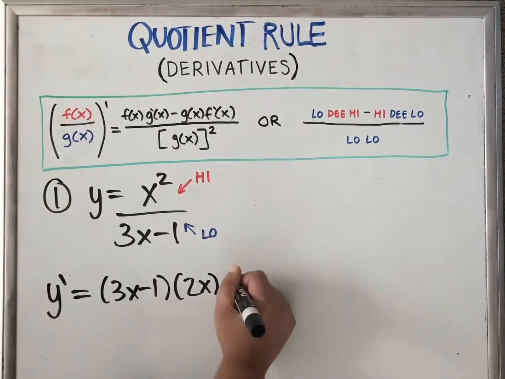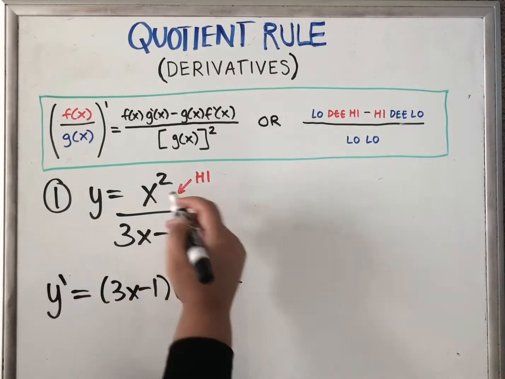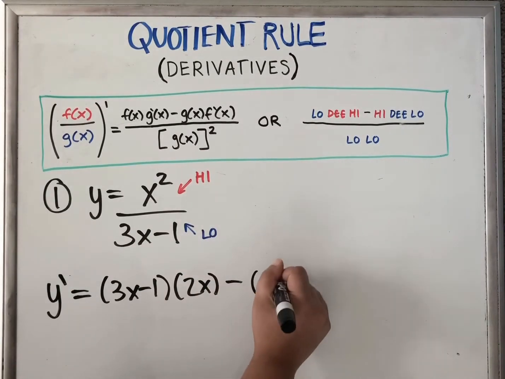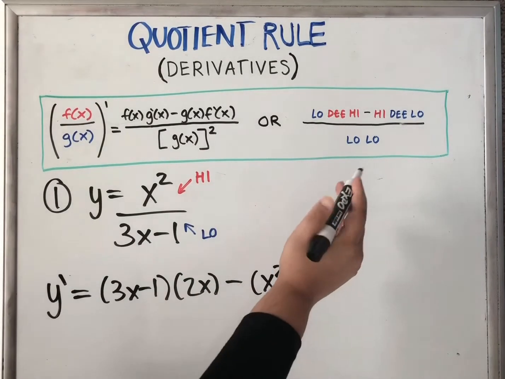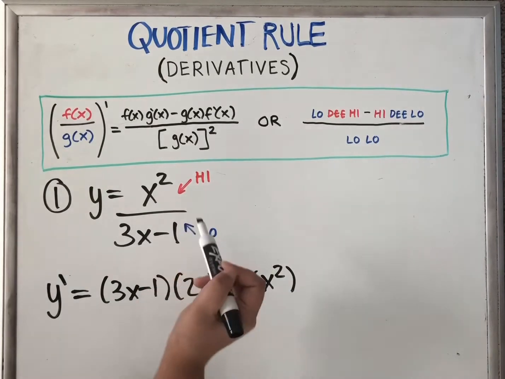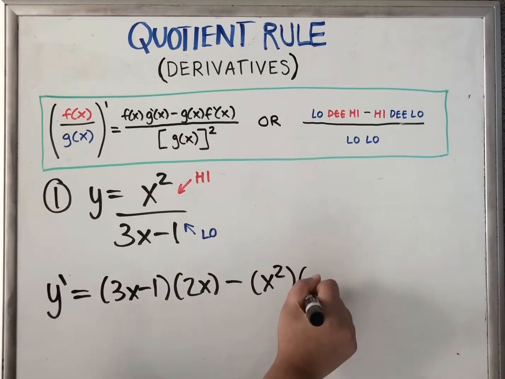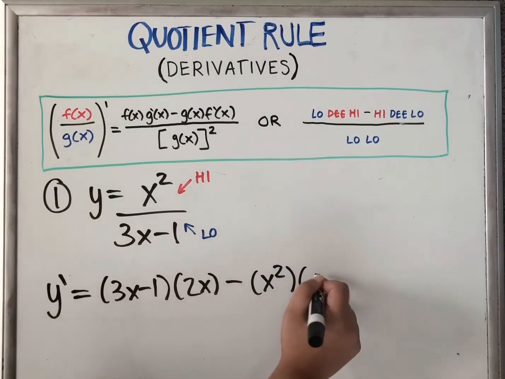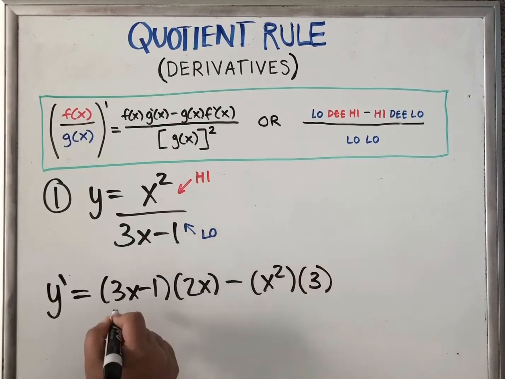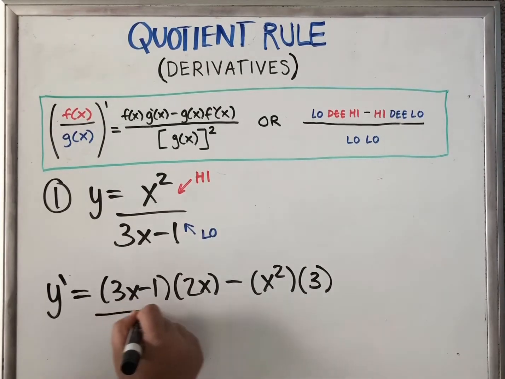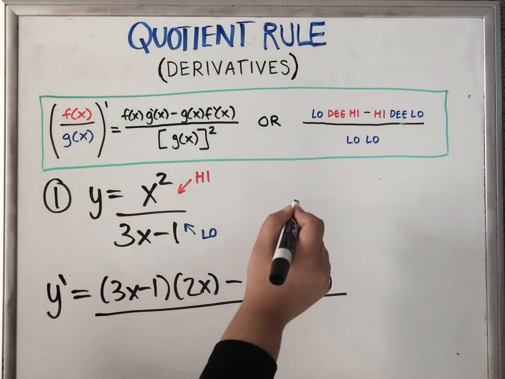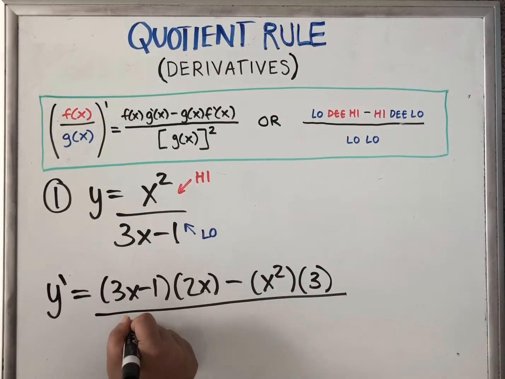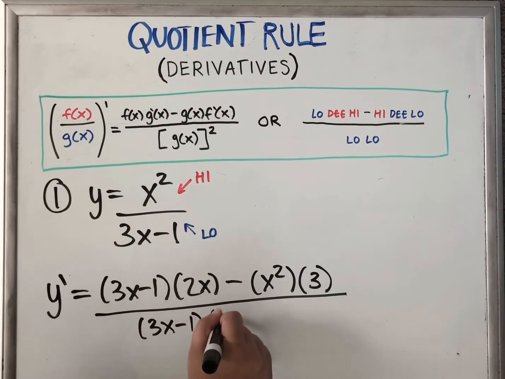And we have a minus our high function, which is x squared, times d low, the derivative of our low function. The derivative of 3x minus 1 is simply 3. And that's all over low times low, so 3x minus 1 times 3x minus 1.